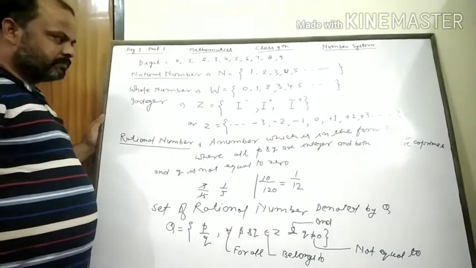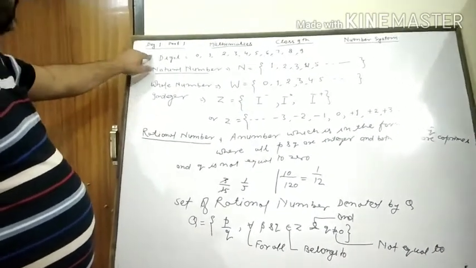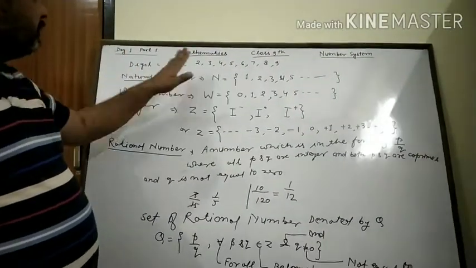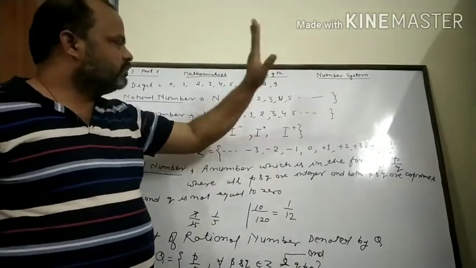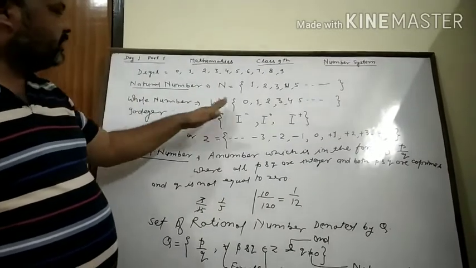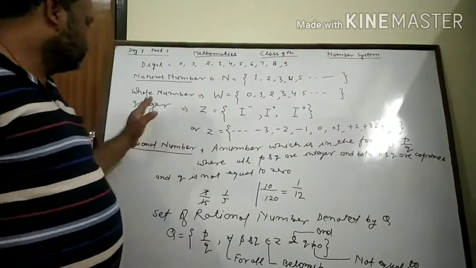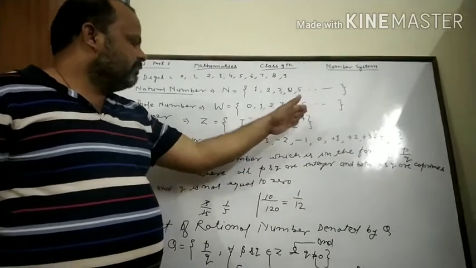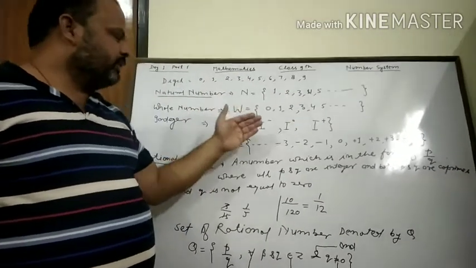Okay? Now see: digits are 0 to 9, natural numbers are 1 to infinity, whole numbers are 0 to infinity, and integers are minus infinity, minus 2, plus, negative, including 0.